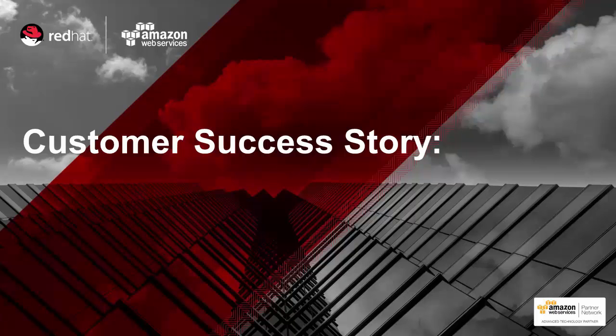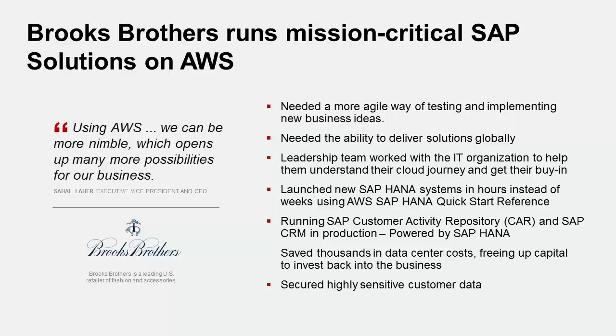So now I'd like to just take some time to discuss a few customer case studies. The first is Brooks Brothers. They needed a more agile way of testing and implementing new business ideas. They turned to AWS for an implementation of SAP Customer Activity Reporting, or CAR, which is part of CRM and runs on HANA.